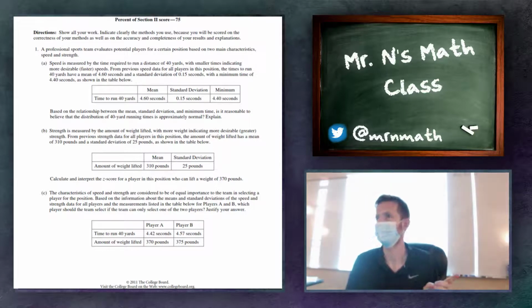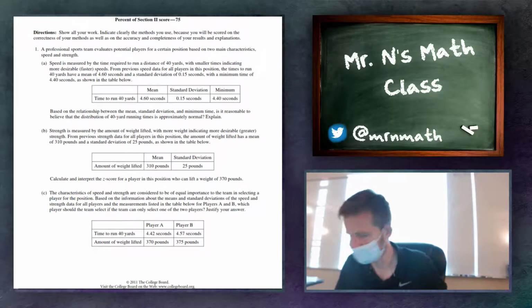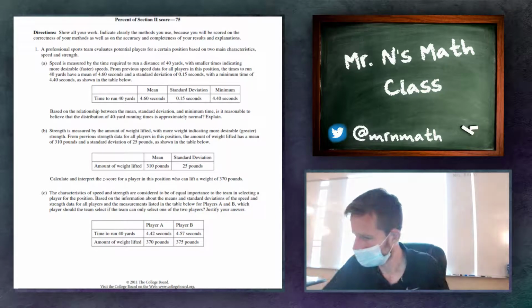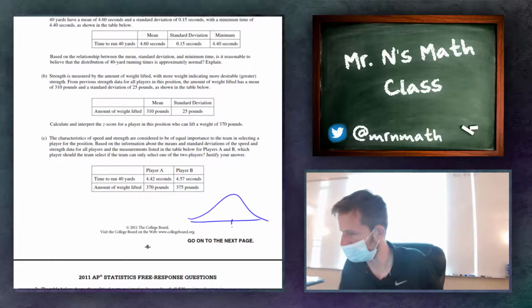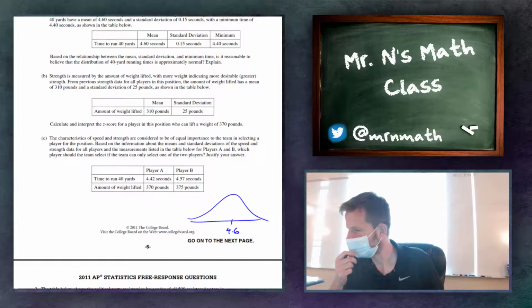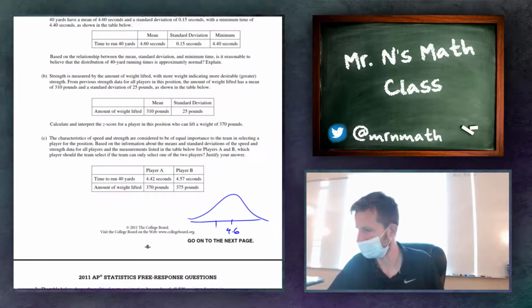How do you guys understand what he's saying? So, let's look at it this way. The mean is what here? 4.6. So if I go 1 standard deviation to the left of that, what's that going to be? 4.45.